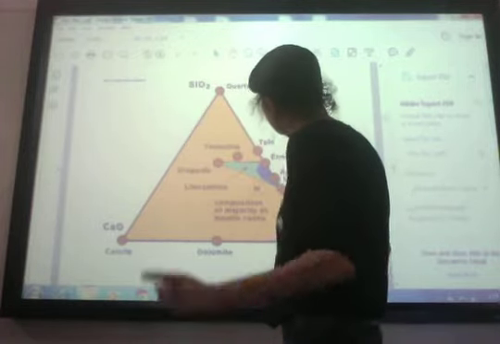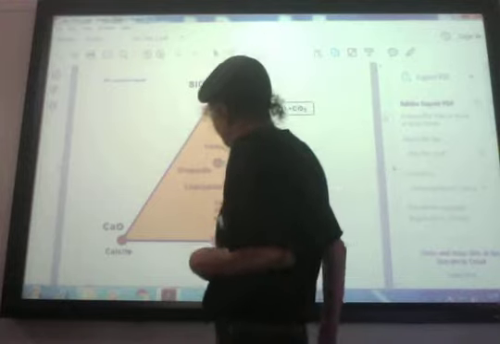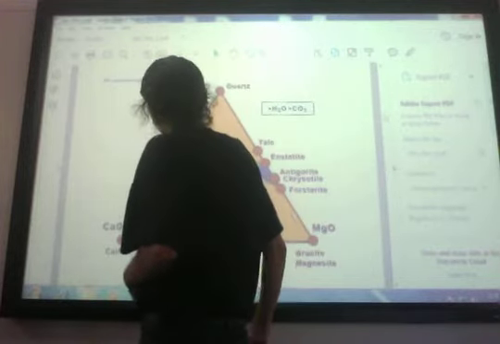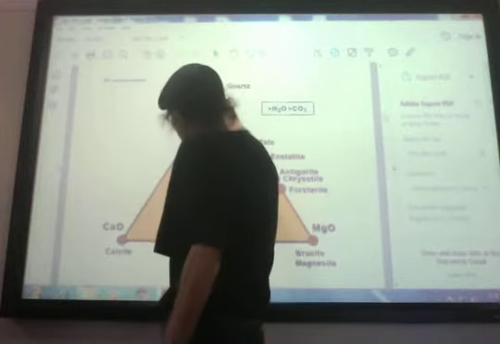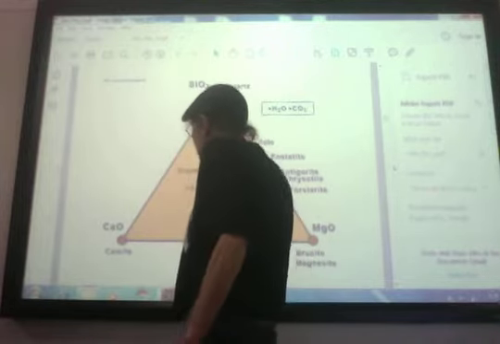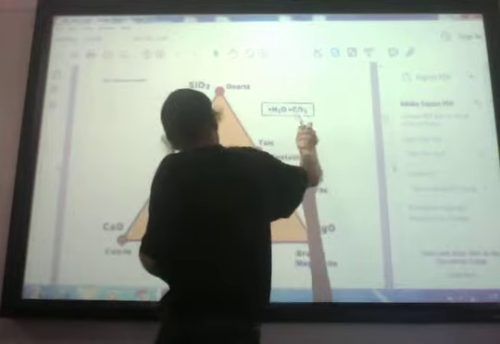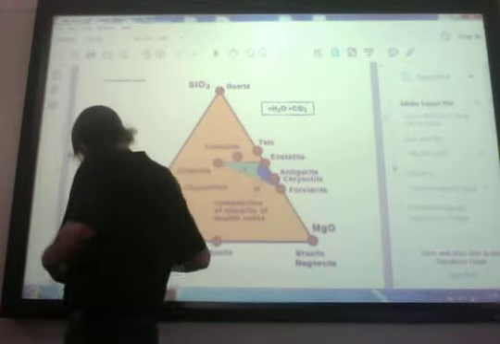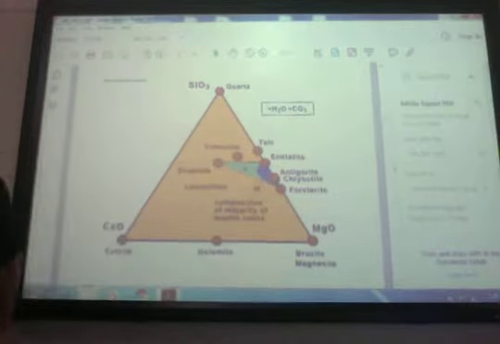But if we have now a CMS composition diagram that consists of quartz, CaO and MgO, and here I have written CO plus CO2 in excess, because the mineral which we are forming here, that is the mineral calcite. Yeah?